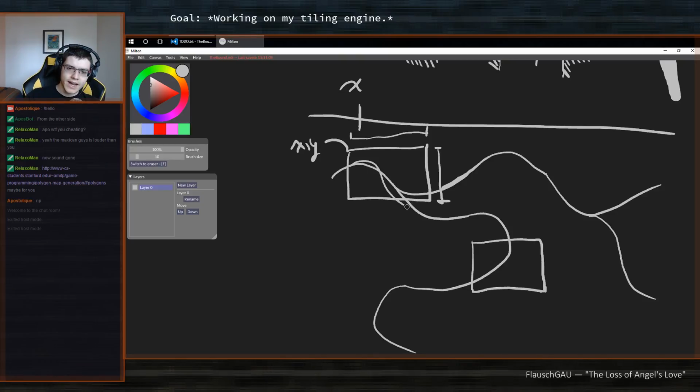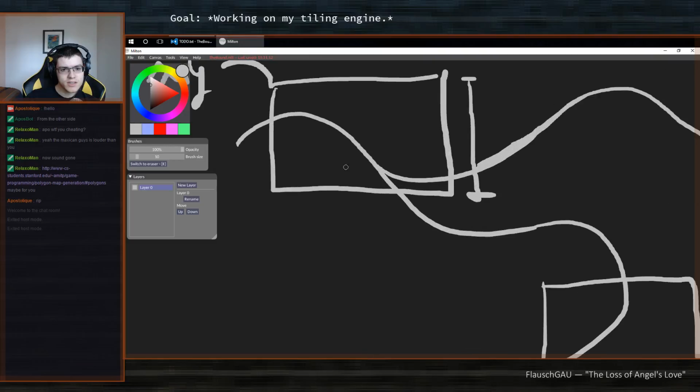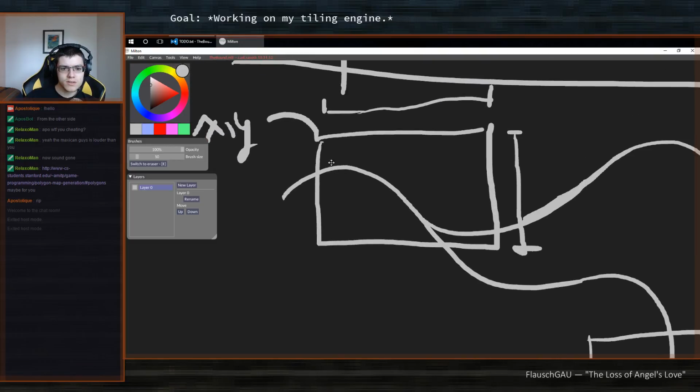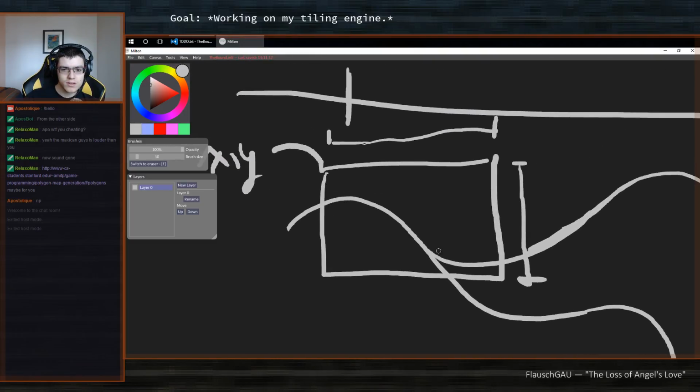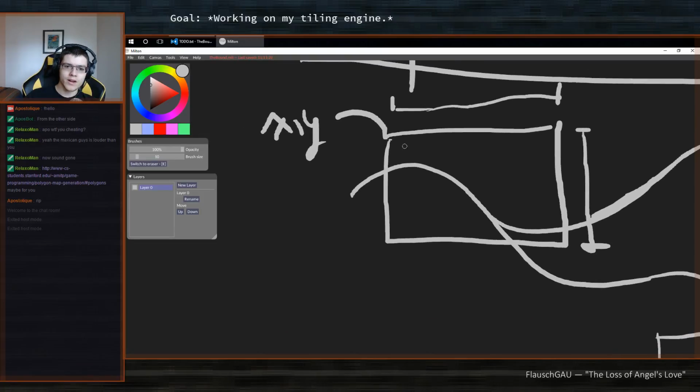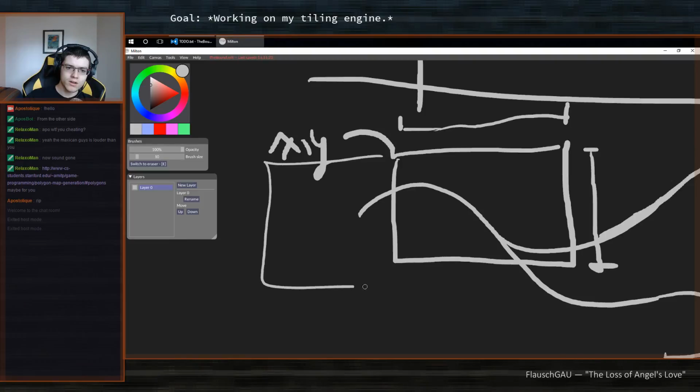The problem is that I need to know this point where the river starts without having to be aware of what came before.